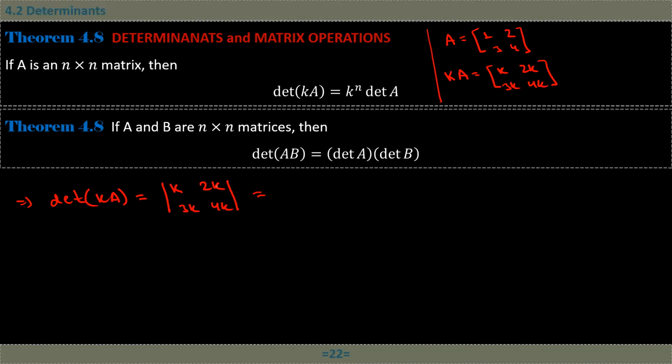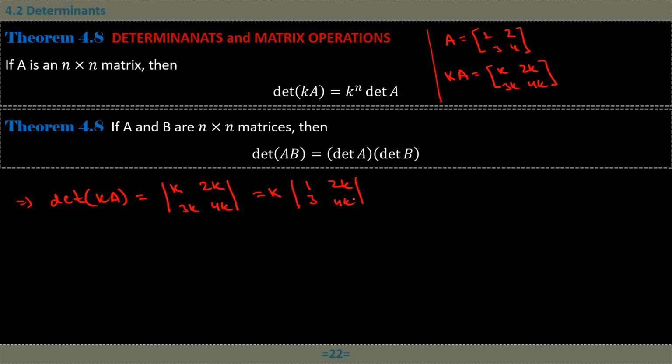If any column or any row has a common factor, we can just take it out. Working column-wise, k is a common factor in the first column, so I can take it out, leaving 1, 3 and here 2k, 4k. But don't get confused with the matrix; it's a determinant.